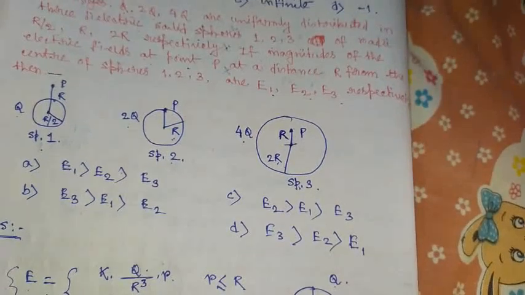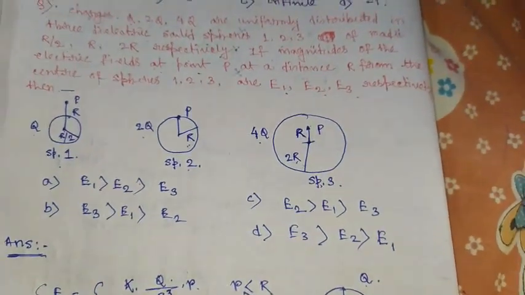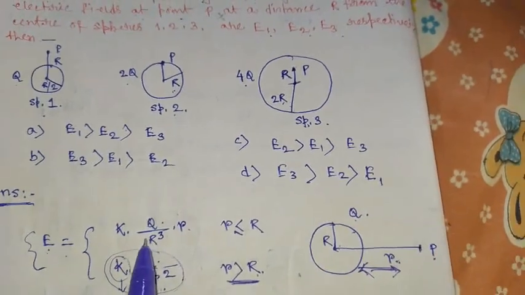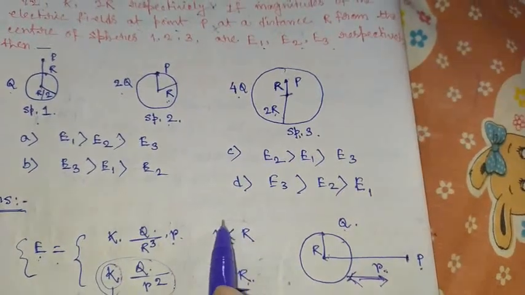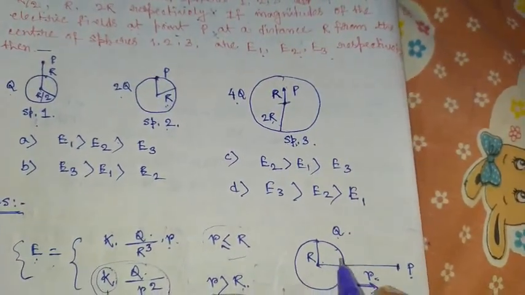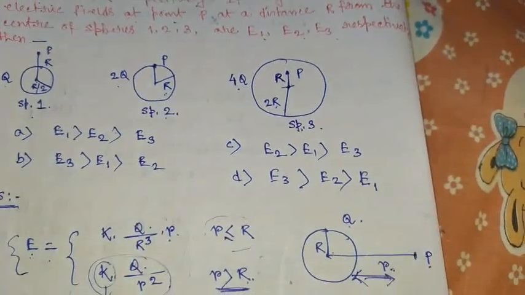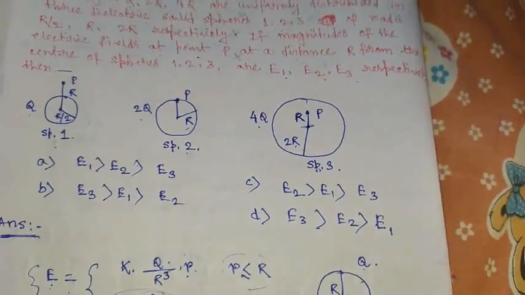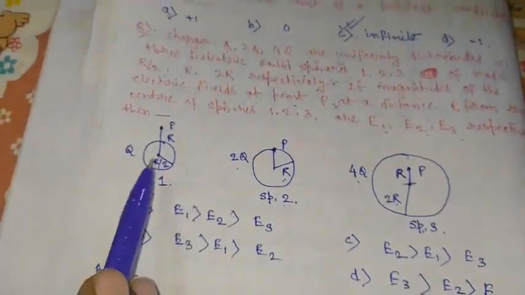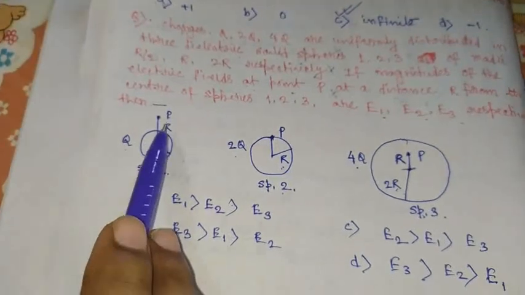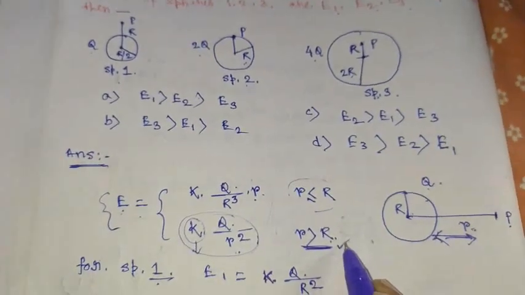But for a point inside the sphere, you have the relation for the electric field E equal to kQ by R cube into r, for the inside point of the sphere. Now for sphere 1, you can see the point P lies outside the sphere. So generally for that case we have to follow this relation.